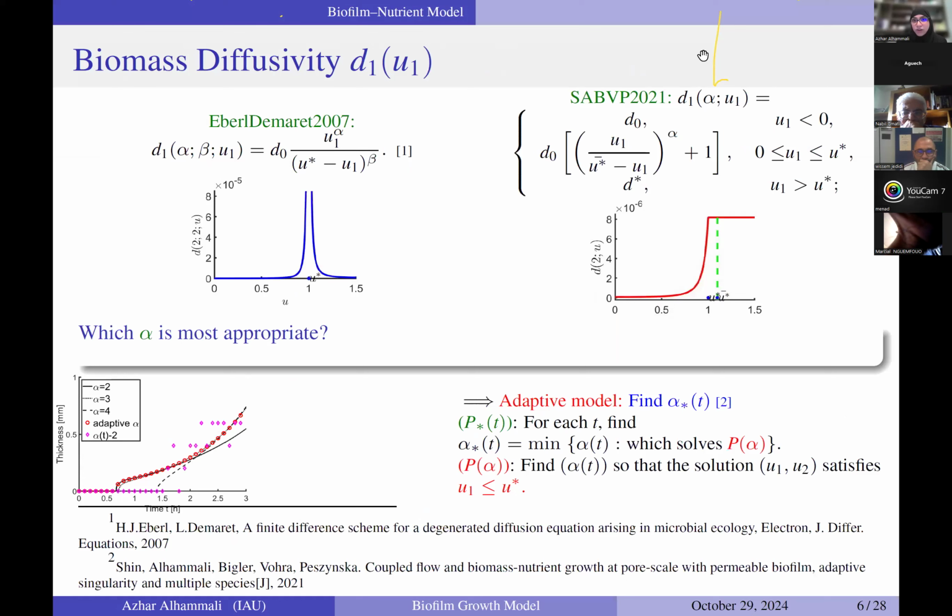Yeah, here. So the adaptive model solves the system not only for B, the biofilm, or the nutrient, but also solves the system for alpha as well. Since alpha is unknown, we need to choose alpha accurately such that this constraint holds without actually needing the subgradient of the indicator function.